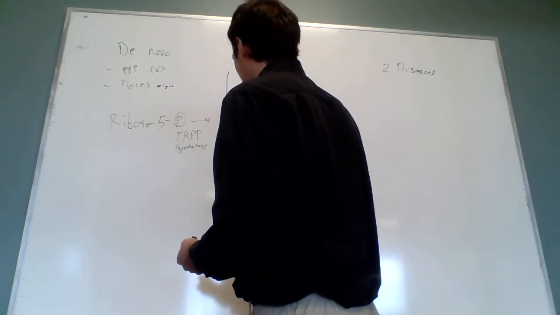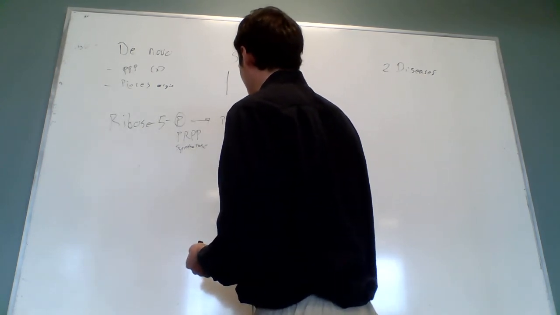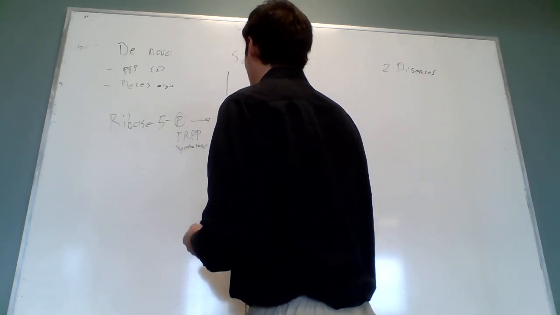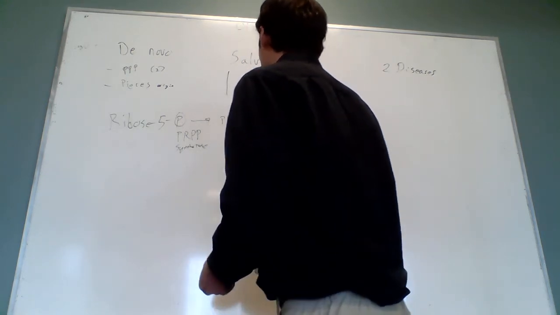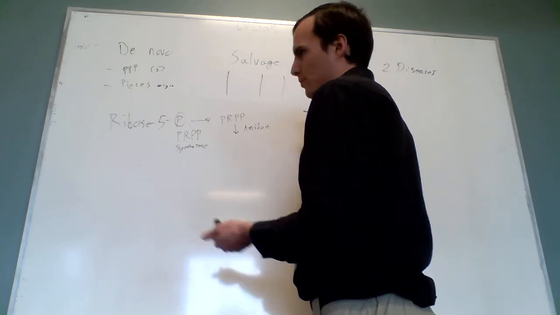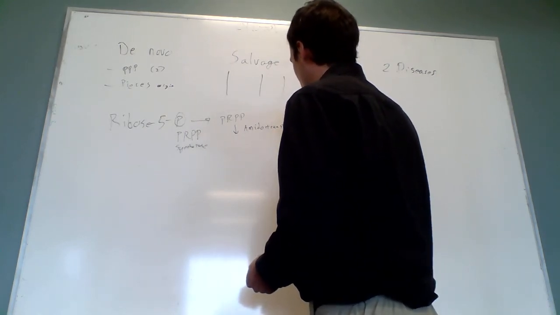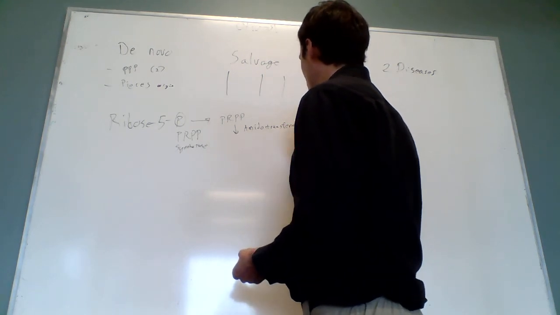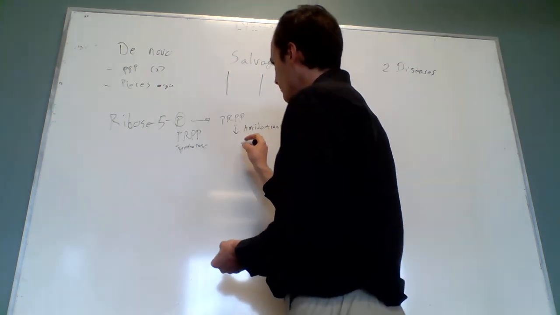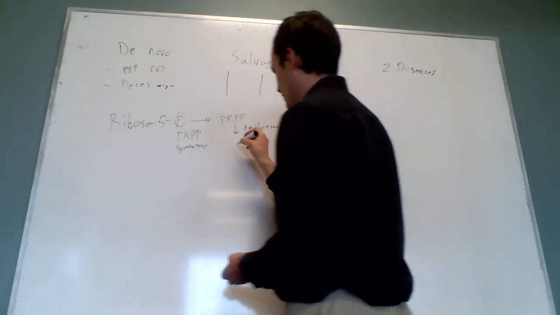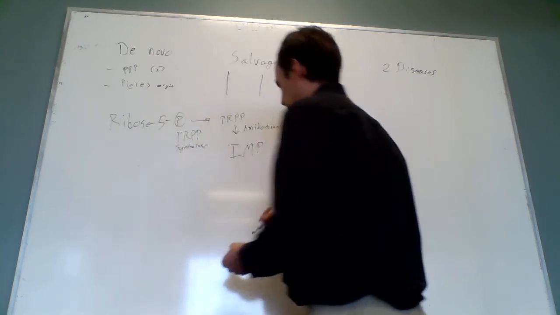And then PRPP is acted on by PRPP amidotransferase. Actually, it's amidotransferase. Amido, so amides are probably involved, if I had to guess. I haven't looked at the exact structure, but... Alright, so these 2 enzymes then direct you towards forming IMP. Okay?